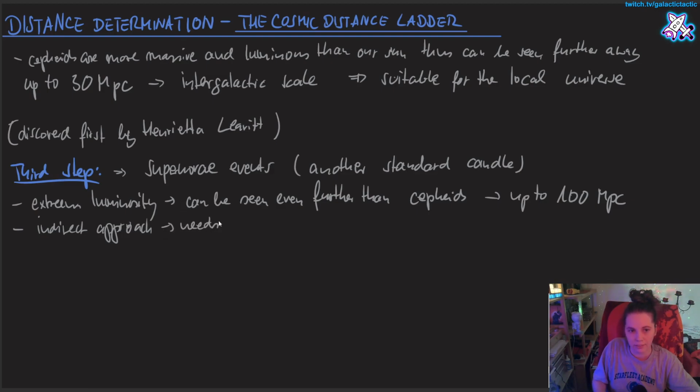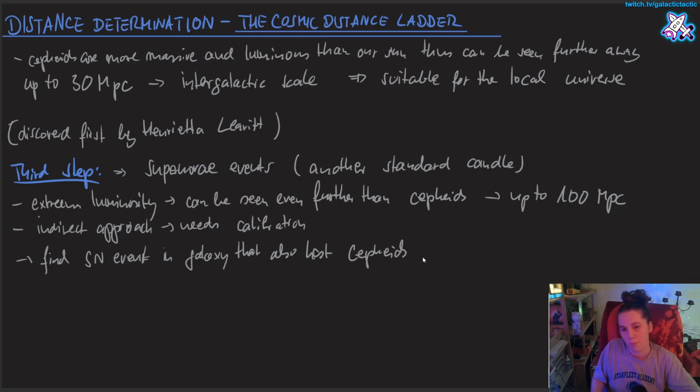It needs calibration again. How's it done? Find a supernova event in a galaxy that also hosts Cepheids, which we can observe, right?